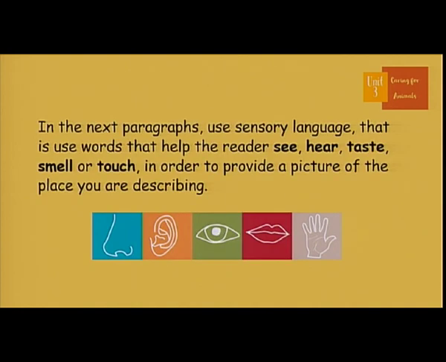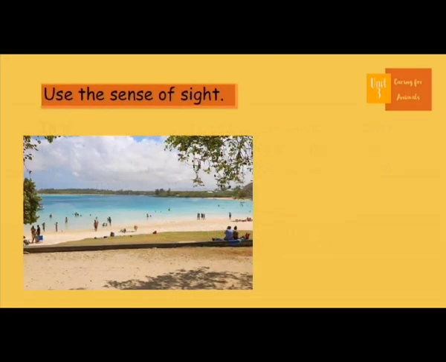In the next paragraphs, use sensory language. That is, use words that help the reader see, hear, taste, smell, or touch in order to provide a picture of the place you are describing. Use the sense of sight.